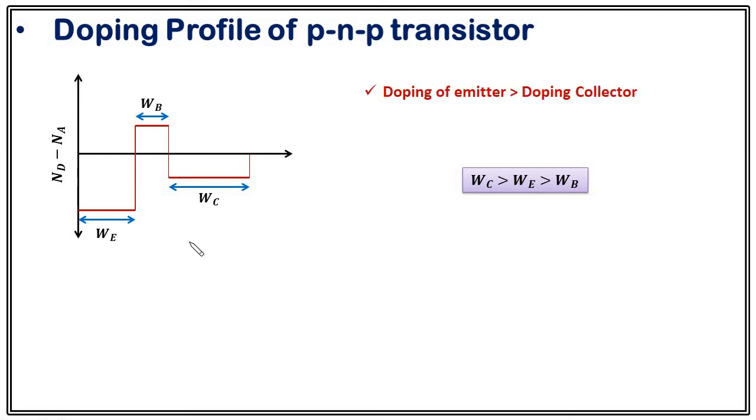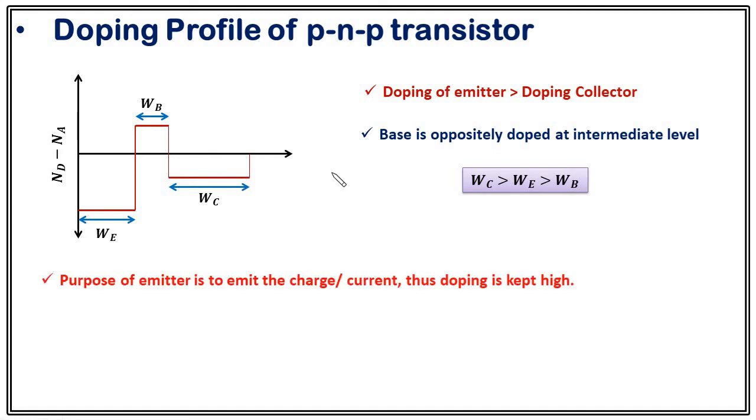Also, if you look at the doping profile, then doping of the emitter is greater than doping of the collector, and the base is oppositely doped at an intermediate level, between the emitter and collector. So let's understand this point. What was the purpose of the emitter? We have seen in the mechanism that the purpose of the emitter is to emit charges or current, right?